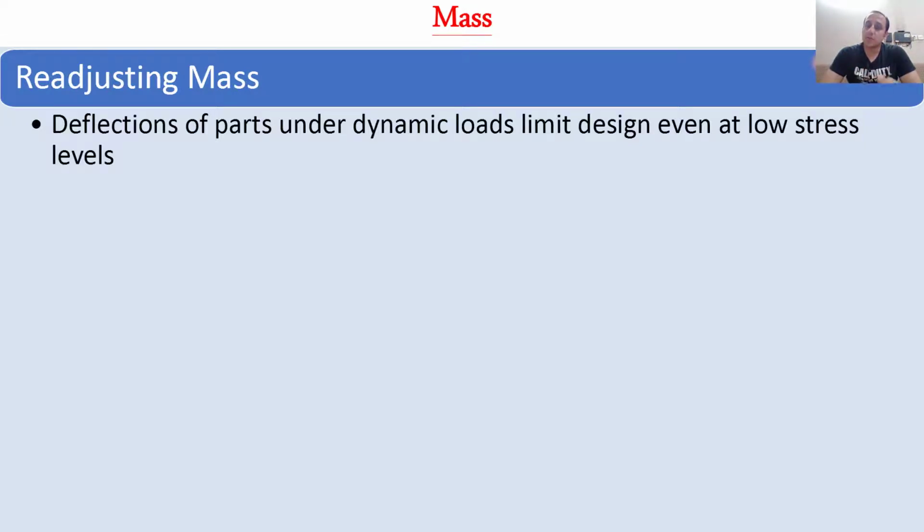Although we are still in the elastic range, some deflection will be produced, and those deflections can affect the working of the machine. It depends on the purpose of the machine. So how can we further reduce those deflections? The only way is to reduce dynamic forces.